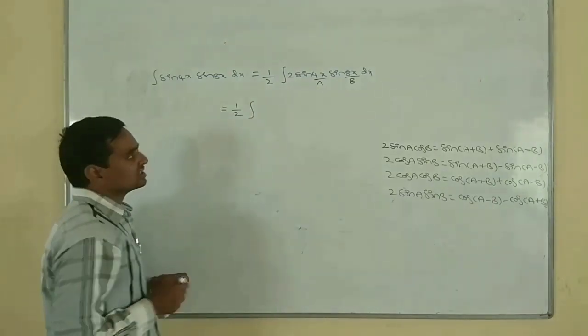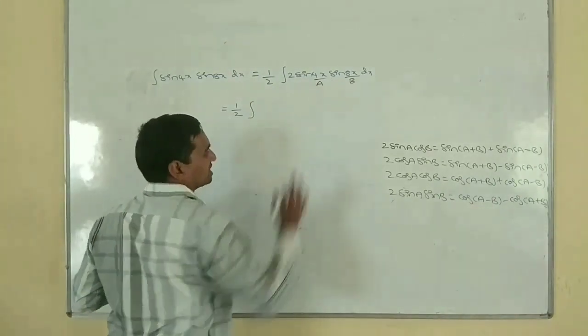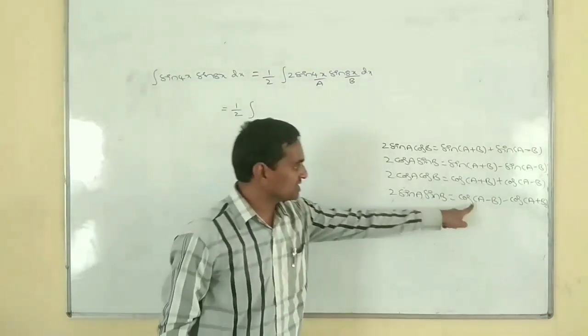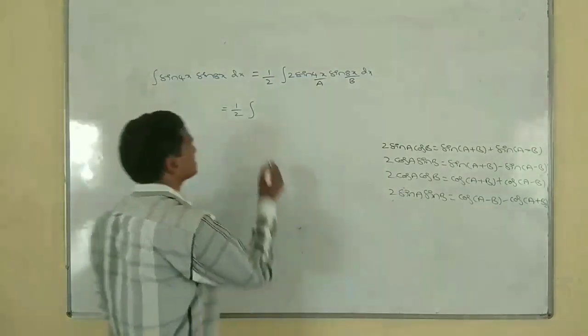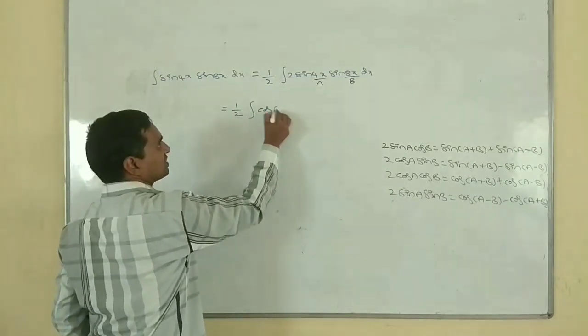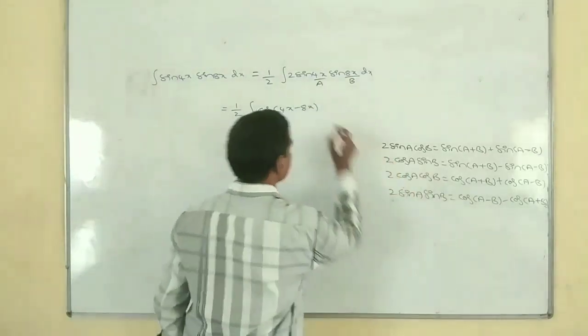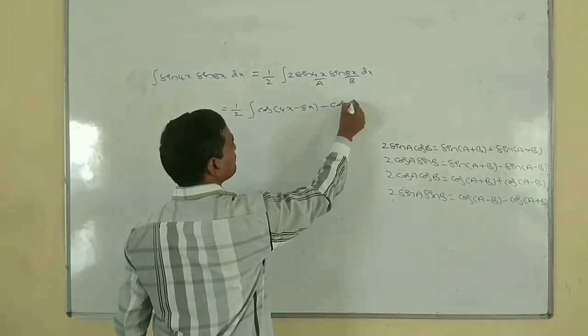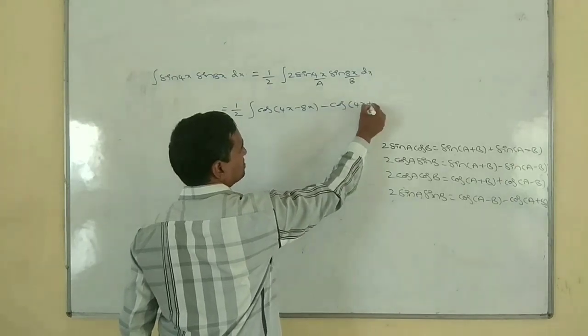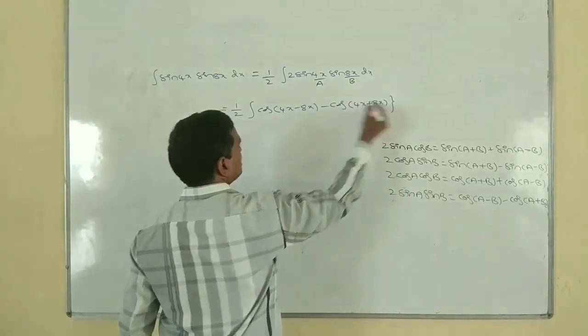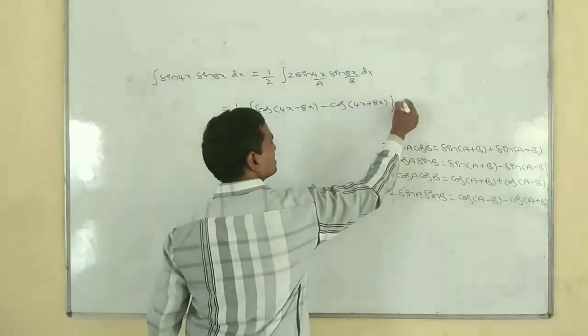So this is 2 sin A sin B. What is the formula? Cos of A minus B, 4x minus 8x, minus cos of A plus B, 4x plus 8x, totally dx.